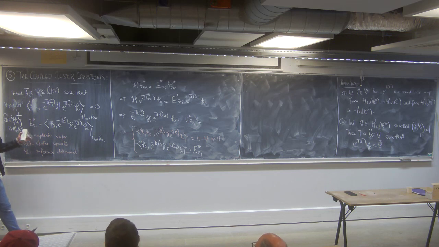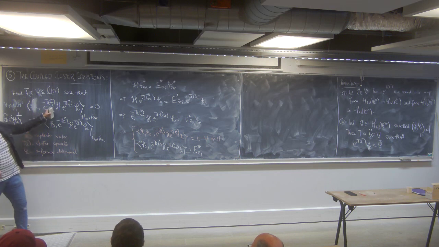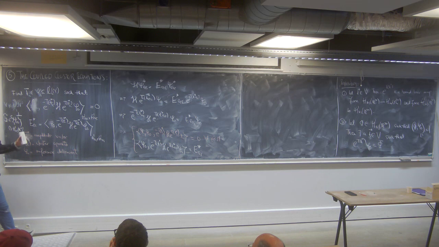We only make sure that if we test against some excited determinants, we are equal to 0. And we make sure that the amplitude vector that we use to construct the cluster operator is only constructed from some non-zero amplitudes. Okay, so typically that's what's done.